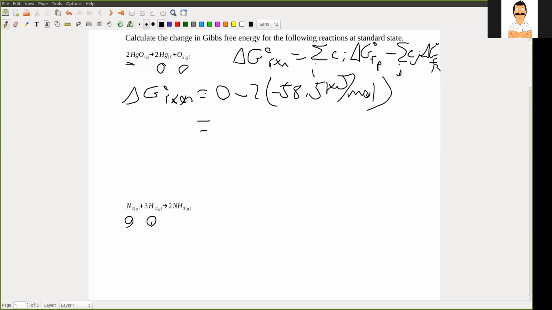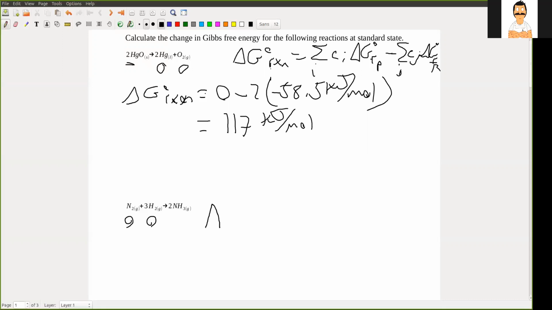So that would provide a delta G of reaction of positive 117 kilojoules per mole. Had we used species that didn't have 0 for their delta G of formation, you would use those values instead.